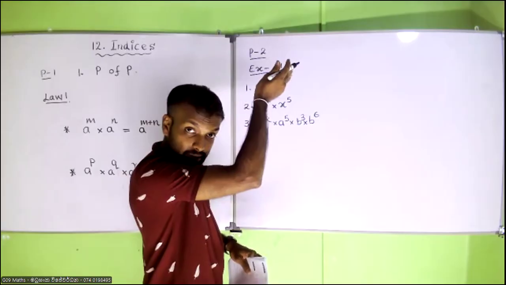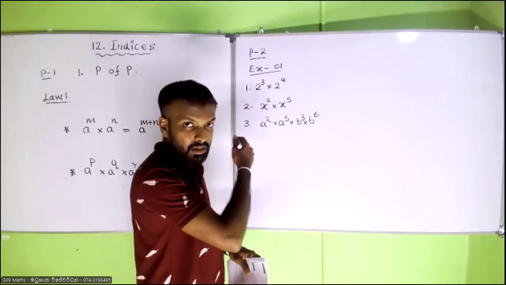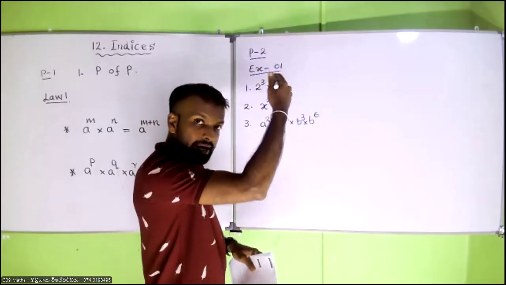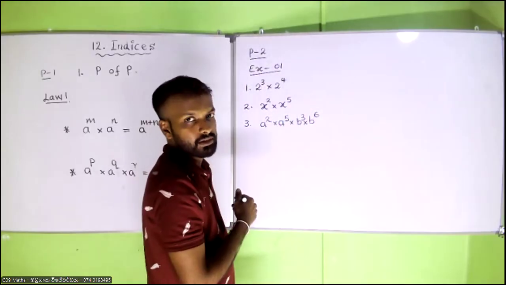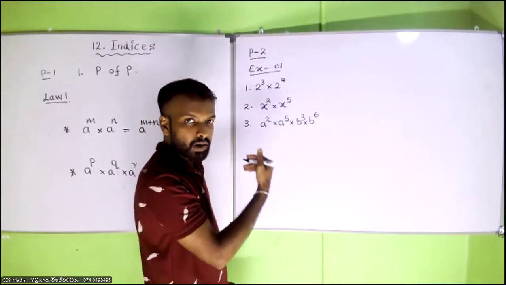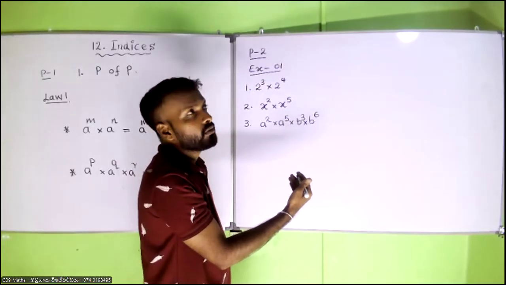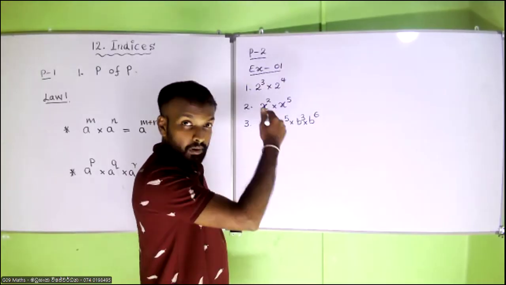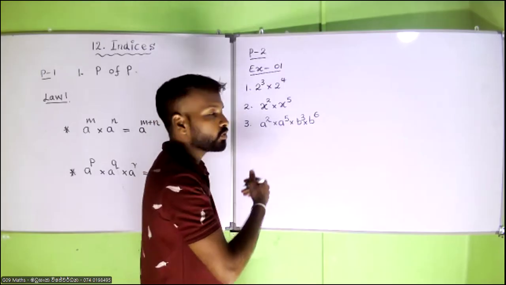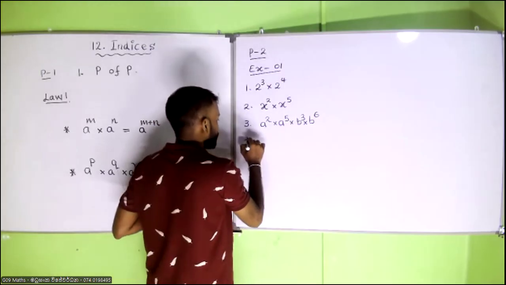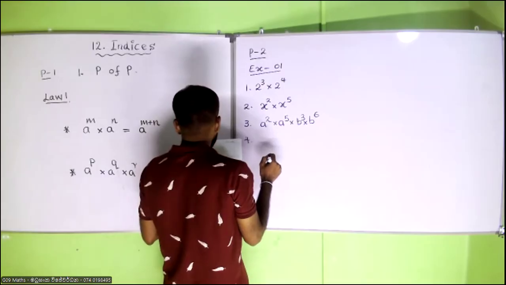Banana, then add. Apple, banana, dodan, add. So apple to the power 2, banana to the power 3, dodan to the power 4, and so on and so forth. You have to find like terms and add the powers.